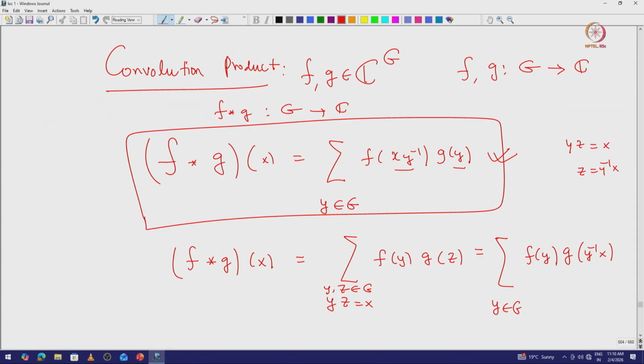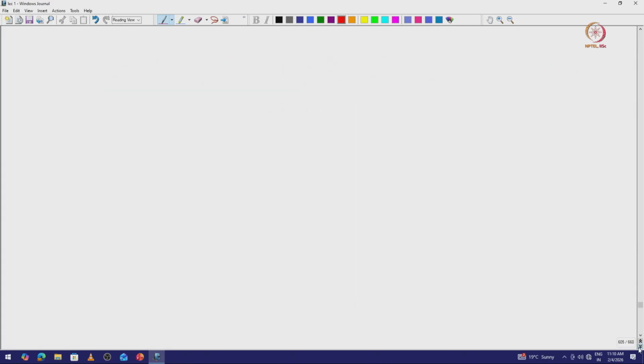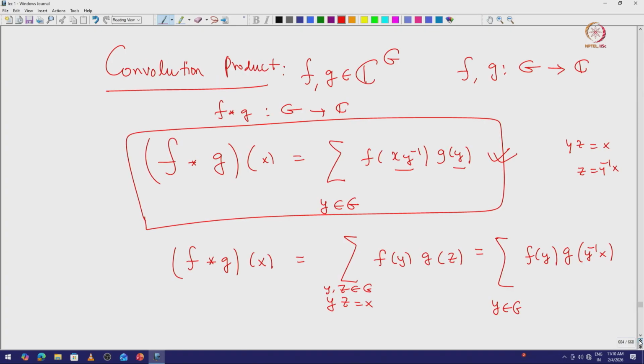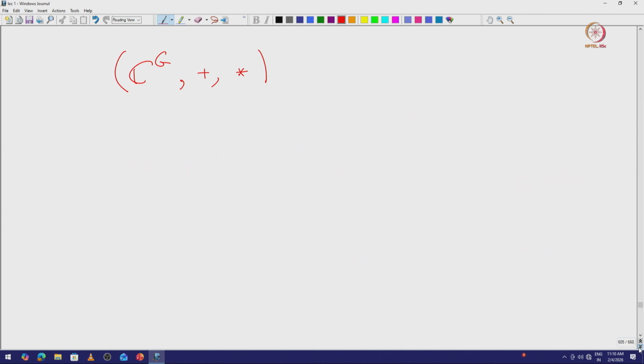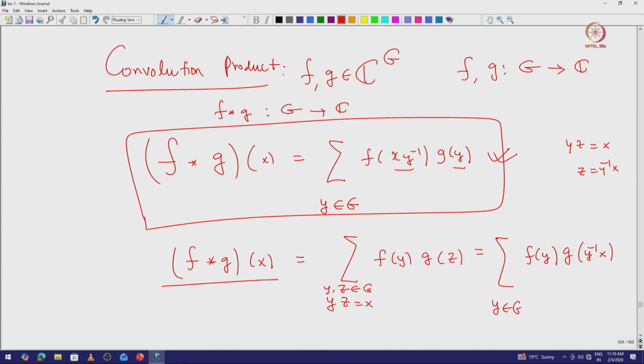The important thing is that this convolution product indeed makes this CG into a ring. For this CG, we have the addition that we already have, and then we have this convolution product. Addition is the pointwise addition. Recall f plus g of x is defined to be f of x plus g of x for all x in G. This is how the addition is defined, and the convolution product is defined with this formula.